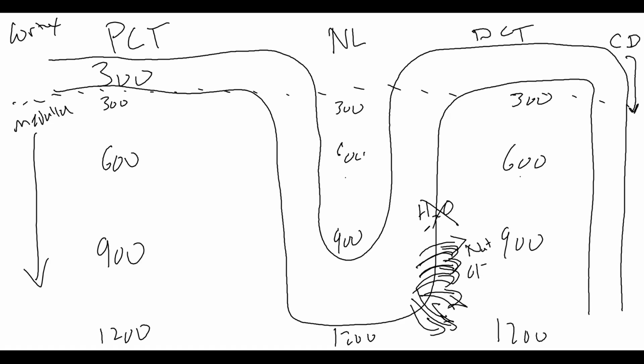So the peritubular fluid is getting saltier. The deeper you are, the more sodium and chloride is pumped out. As you go up, it's still pumping it out, but not as much. So it's really high down here and lower across the top. That's where you get your little divisions here: 1200, 900, 600, and 300.